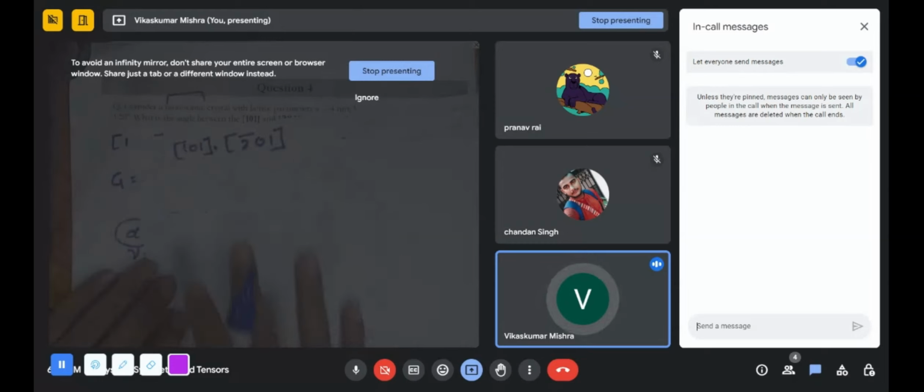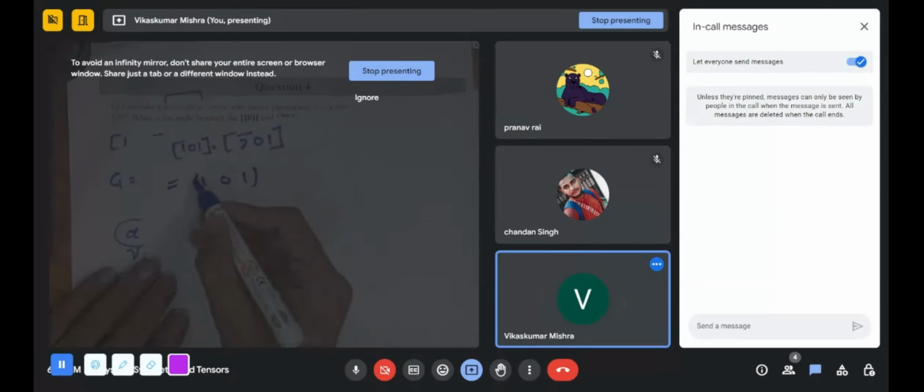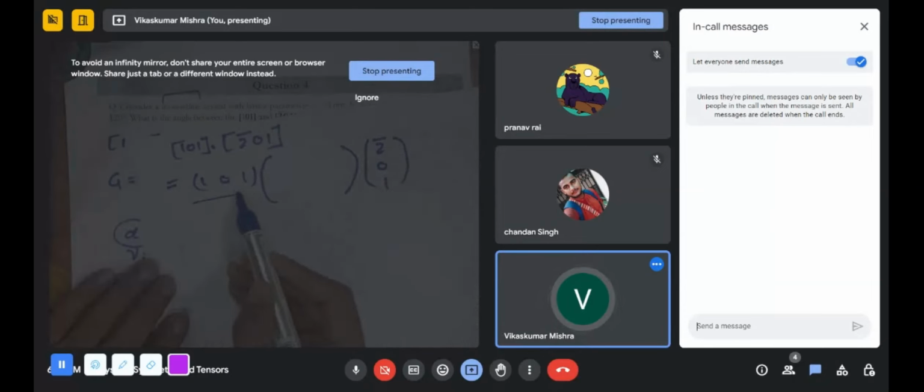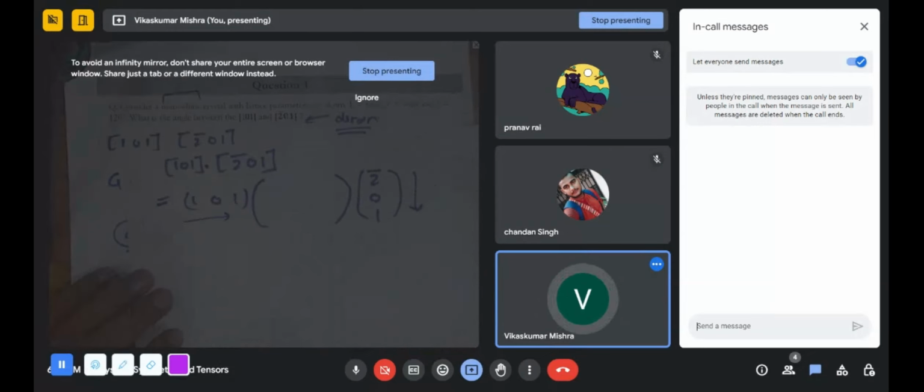So in order to find this in the crystal coordinate system, we will write them as 101 times the metric tensor times 2 bar 01. This we write in the row, this we write in the column. We are following the conventions. Okay, so let's write them.